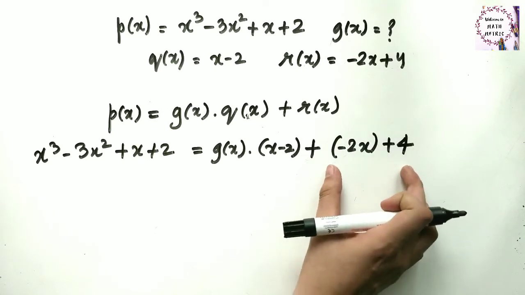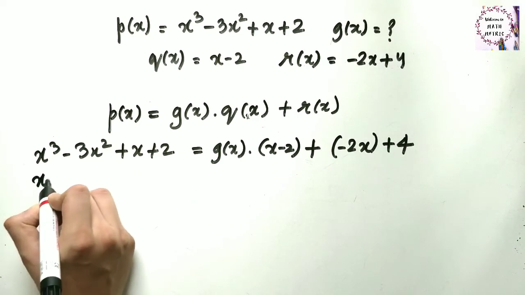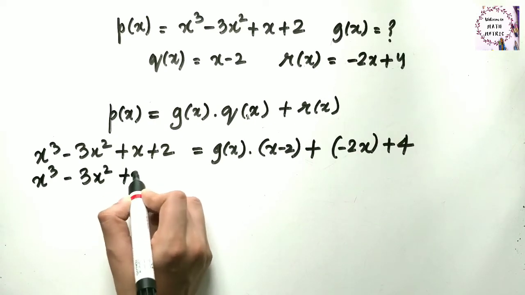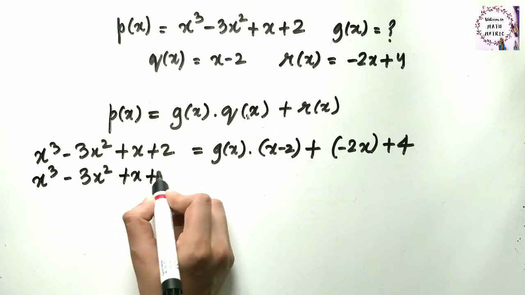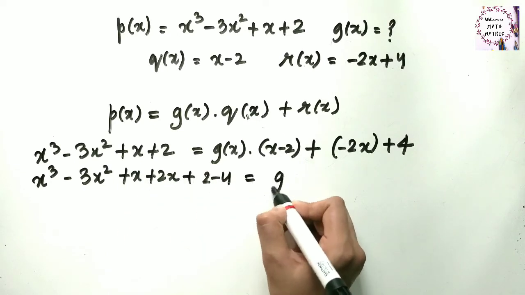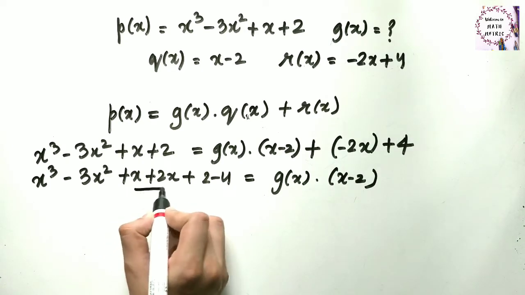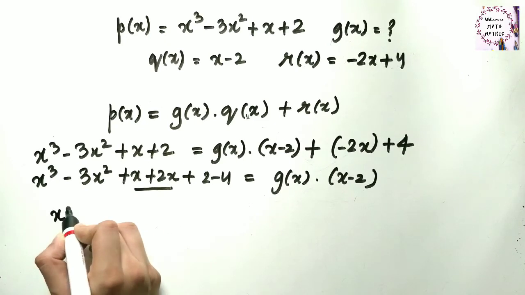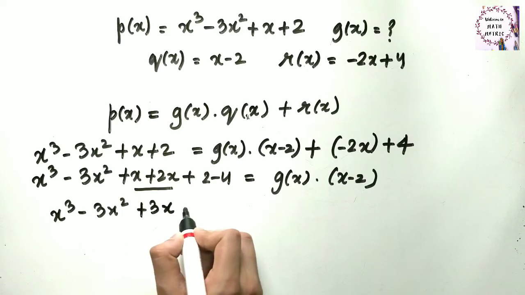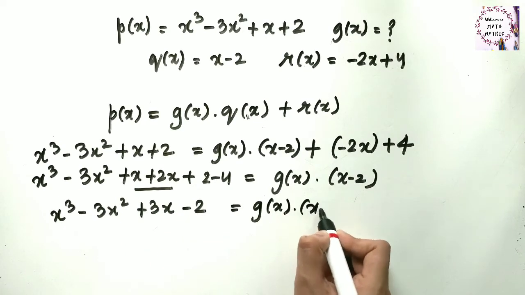Now this quantity will be taken here: x cube minus 3x square plus x plus 2x plus 2 minus 4 gives us g(x) times x minus 2. So this turns out to be x cube minus 3x square plus 3x minus 2 is equal to g(x) times x minus 2.